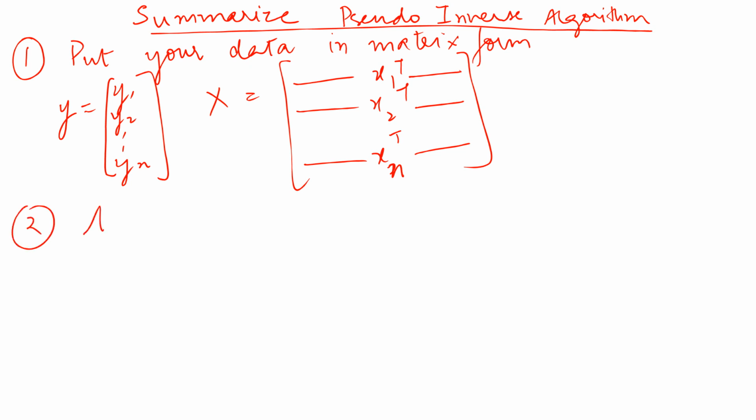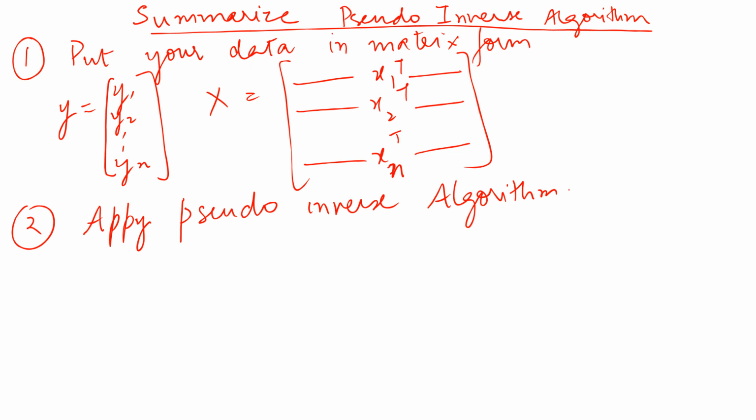Second, apply the pseudo-inverse algorithm. That's all you have to do. So what does that mean? Basically, apply the formula that we derived, W_lin equals X transpose X inverse X transpose y.